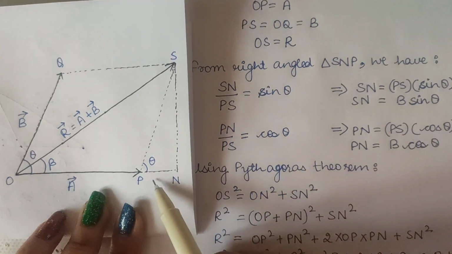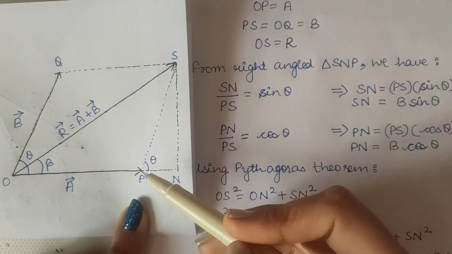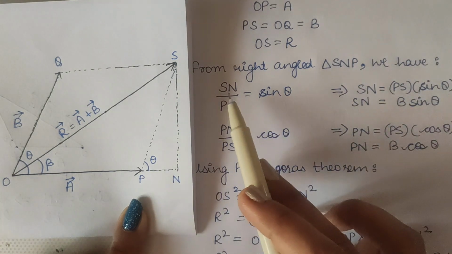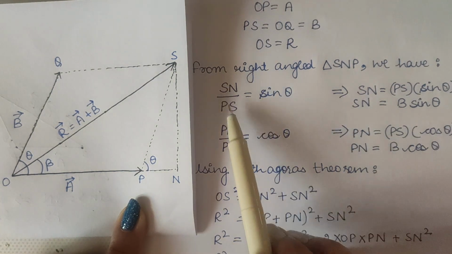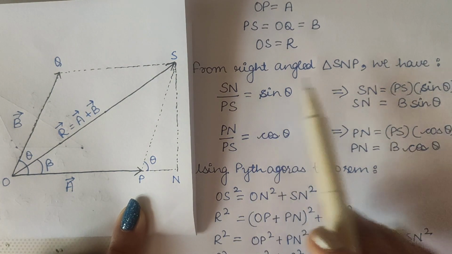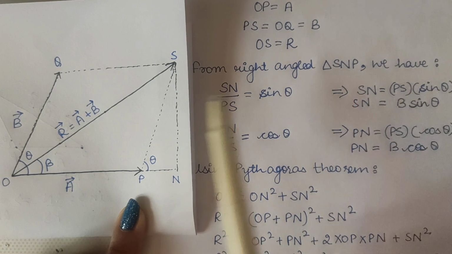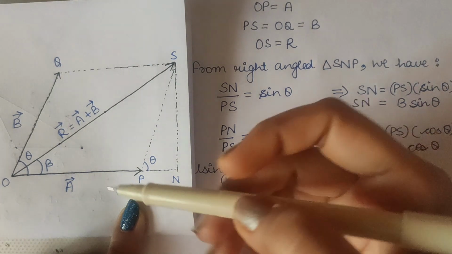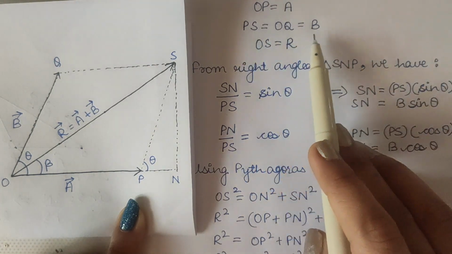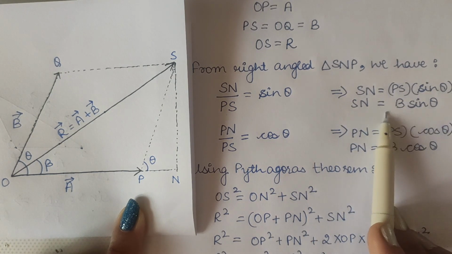So in this figure, the perpendicular is SN and the hypotenuse is SP. So sine theta is equal to SN by SP. Now if I want to find SN, PS will go to the other side and get multiplied. So SN becomes equal to PS sine theta, and PS is nothing but equal to B, as we have already seen.